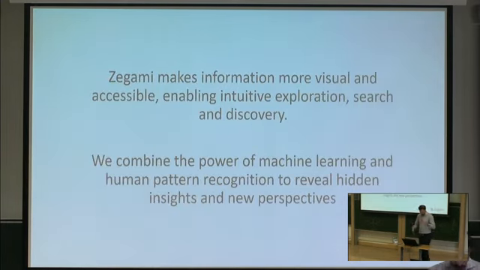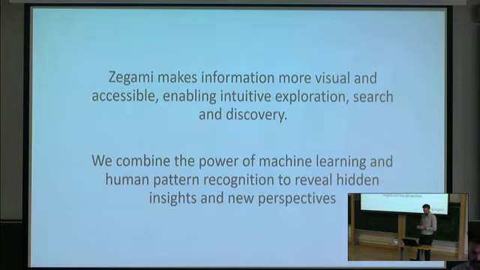To summarize what Zegami is, we make information more visual and accessible through intuitive exploration, search and discovery. By combining the power of machine learning and other automated techniques with the power of the human mind, which can already innately spot patterns and correlations between large data sets.